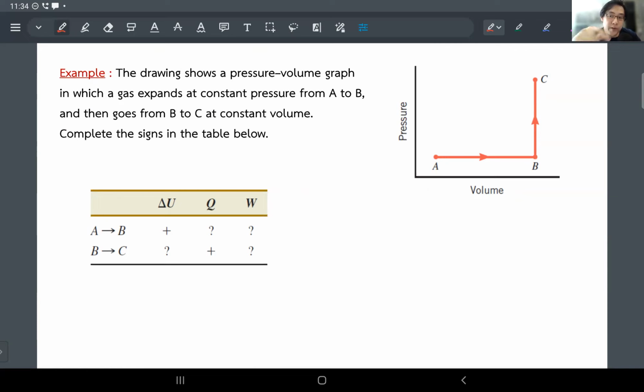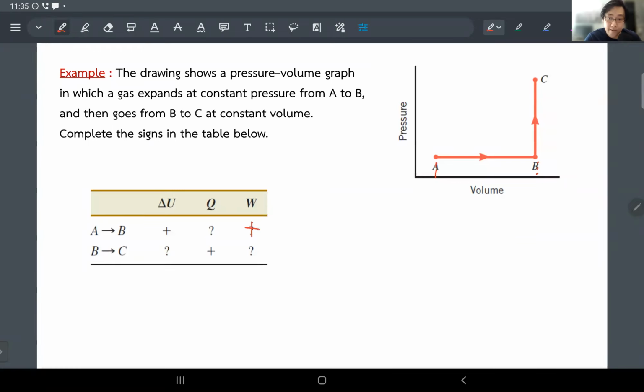Okay, right, guys, go ahead. Let's go from A to B first. The table already gave you a clue that delta U is positive. What happened to the Q and the W from A to B? Let's attack the easy one first. From A to B, the gas expands, so W is positive.